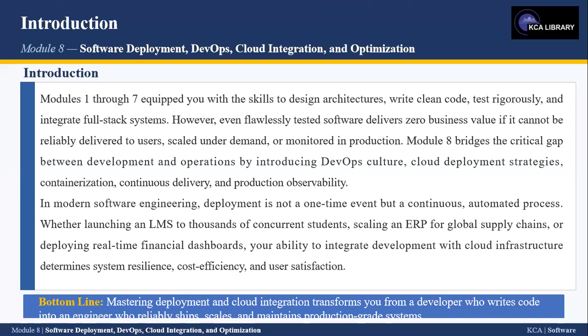This module introduces DevOps, a cultural and technical movement that shortens the development lifecycle through collaboration, automation, and continuous feedback. Mastering deployment and cloud integration is what separates coders from professional engineers.